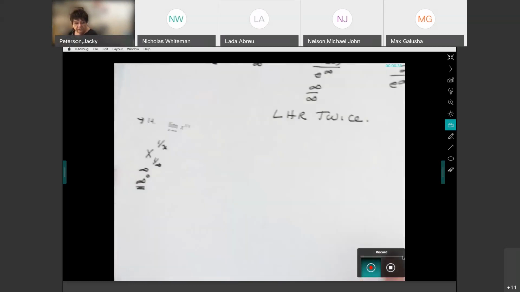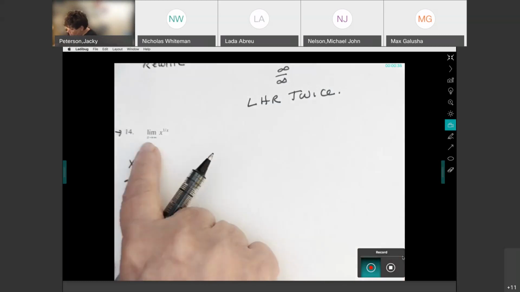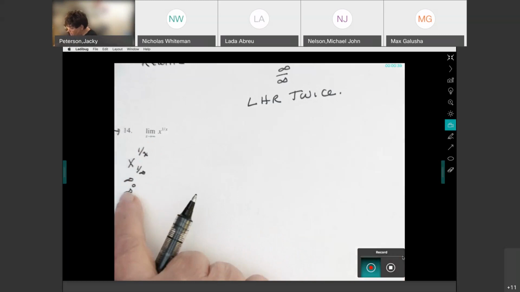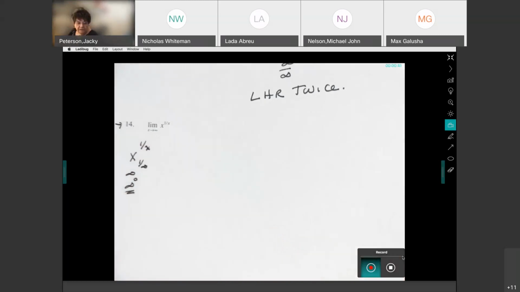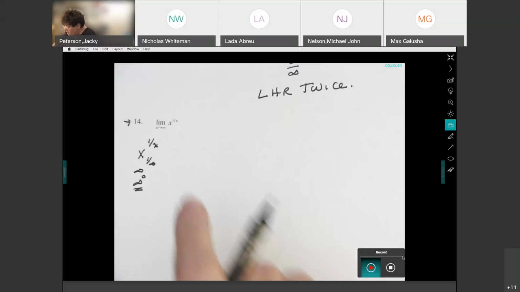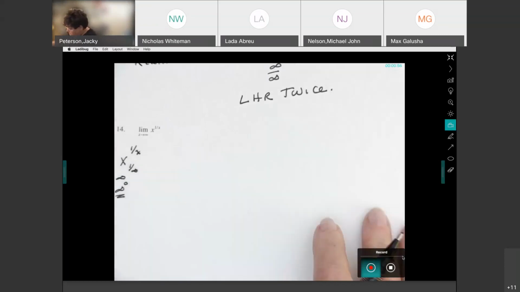So what we did yesterday is we're going to infinity. So x is infinity. 1 over infinity is 0. It's infinity to the zero form, which makes no sense. It's also an indeterminate form. So being an indeterminate form, you got to do something with it. So this is the game that you have to play.